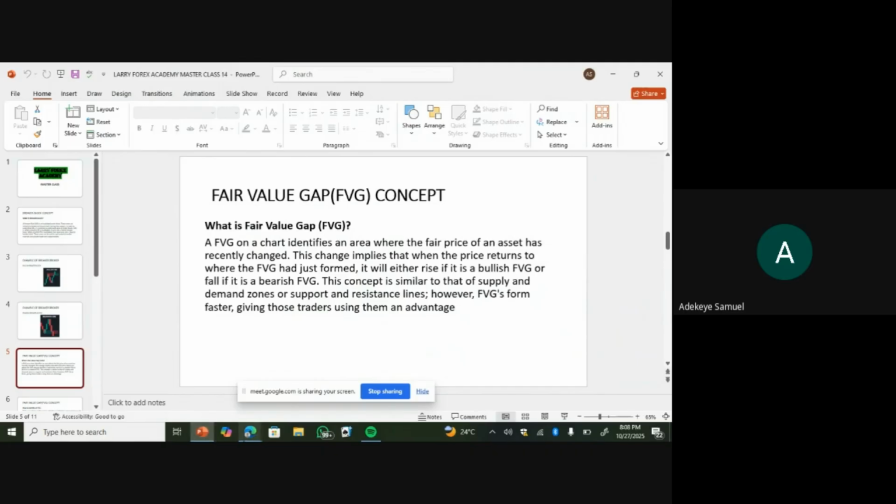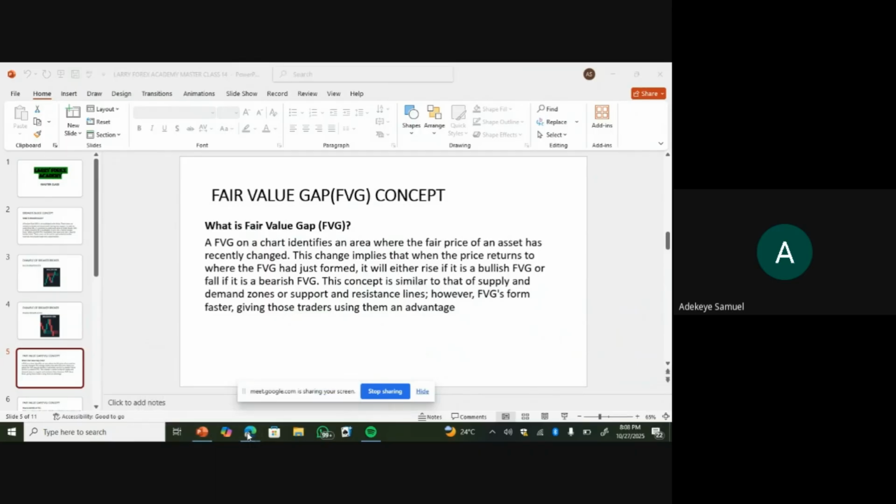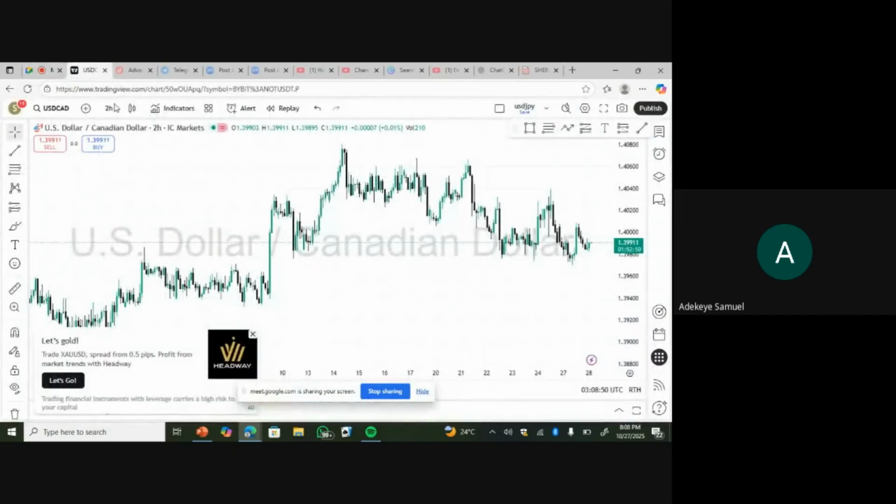Now, let me explain what a fair value gap is using my charts. Like I said in my note, a fair value gap is an area where price changes. It is the area on our chart where institutional traders come back to fill before the proper move.